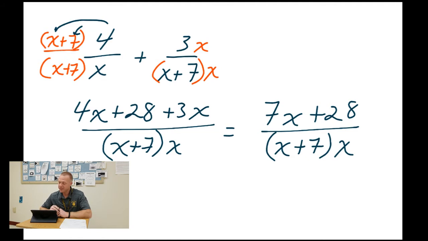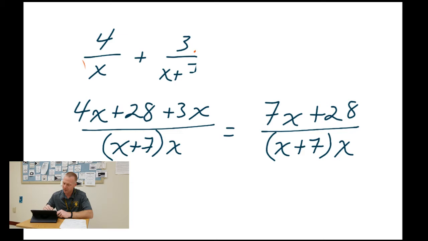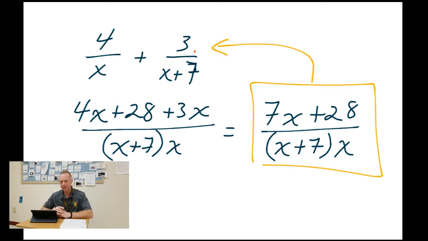So let me ask that question again. How many of you have been thinking about how to reverse this process? That is, if we go back to where we started, how could we take our new fraction, 7x plus 28 over the common denominator, and make it go back and equal 4 over x and 3 over x plus 7?